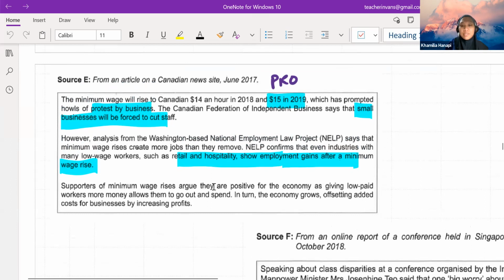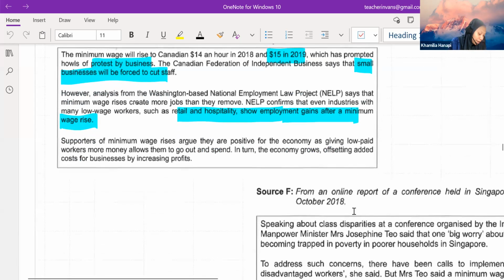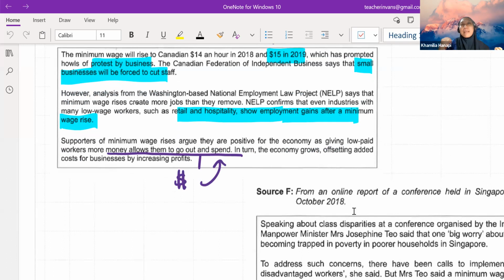Supporters of minimum wage rises argue that they are positive for the economy because why? It allows them to go out and spend. Once I earn money, I will spend because I have the extra money, right? Because now my pay is not that low. My pay is now maybe extra.